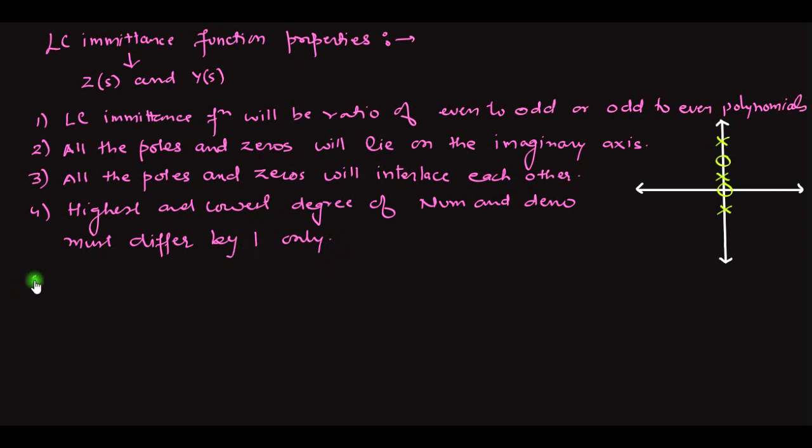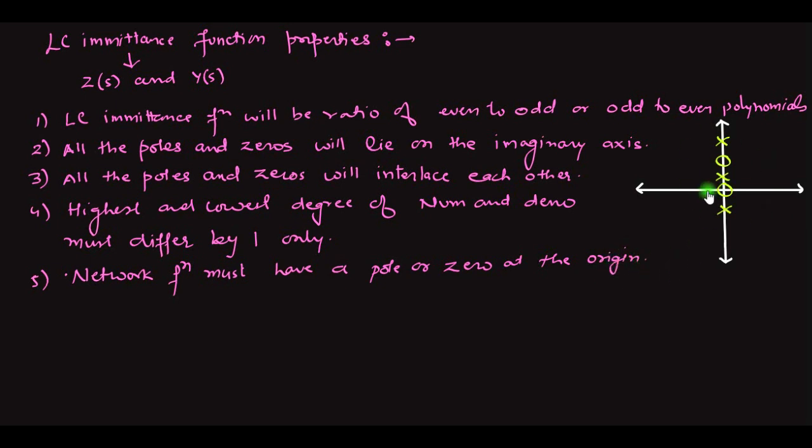Next property is that the network function must have a pole or zero at the origin.